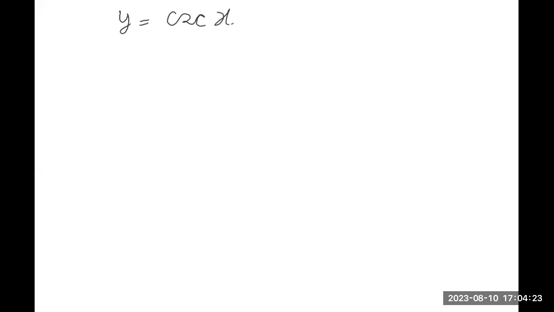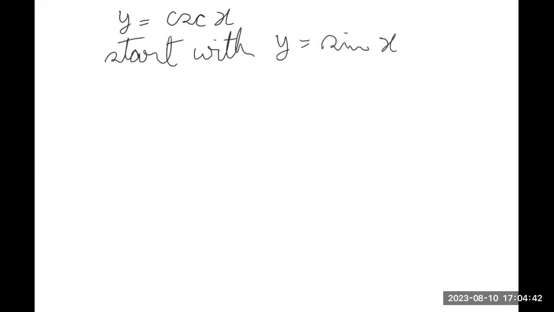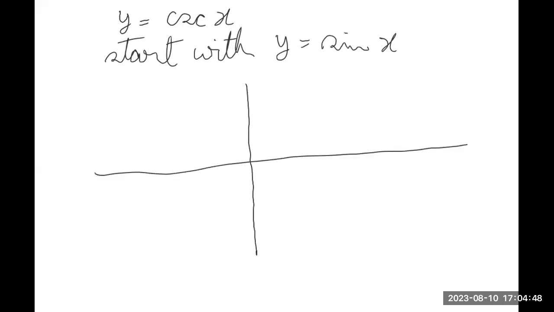To graph the cosecant function, we start with the graph of its reciprocal, which is sine. So a regular sine function we know looks like this.